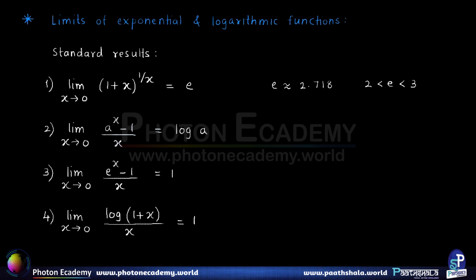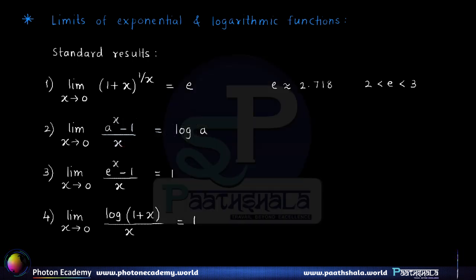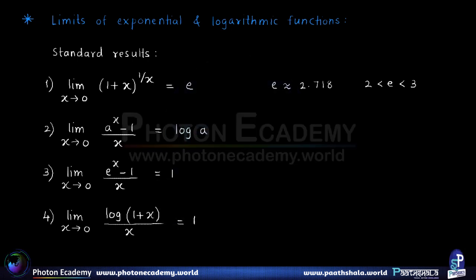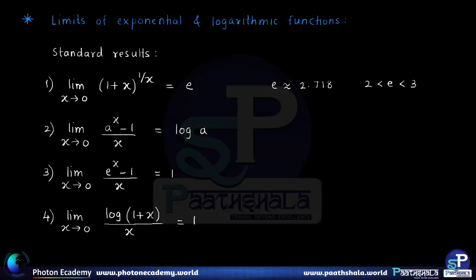That is, if we write a as nothing but the constant e, because here a is to be taken as a constant, then the right hand side will actually become log of e, because the formula is log a here, but we know that log e is equal to 1, so that is what we get as right hand side. And lastly we have limit of log of (1 plus x) whole upon x as x tends to 0 is equal to 1. Right, now let us solve a few sums based on these results.